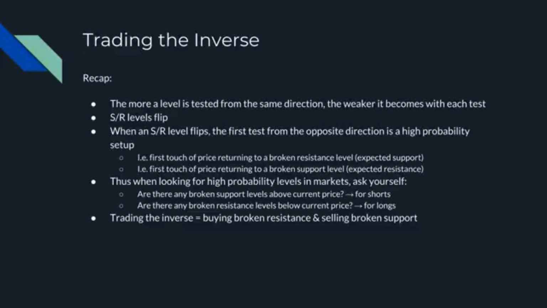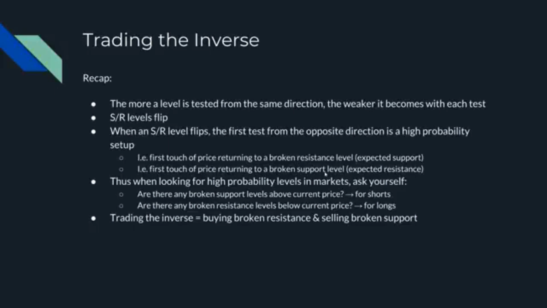So when an SR level flips, the first test from the opposite direction is a higher probability setup, as I covered in the dollar index example and the Litecoin example. And what that means is the first touch of price returning to a broken resistance and the first touch of price returning to a broken support.